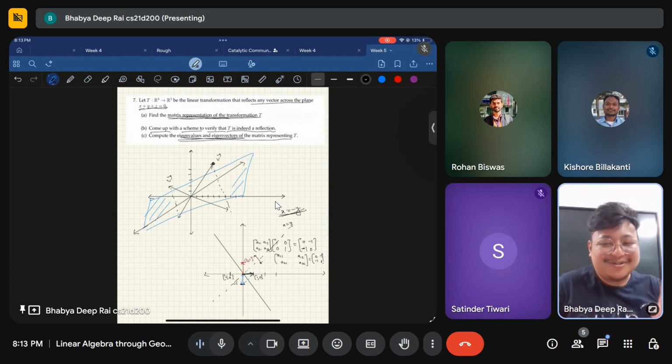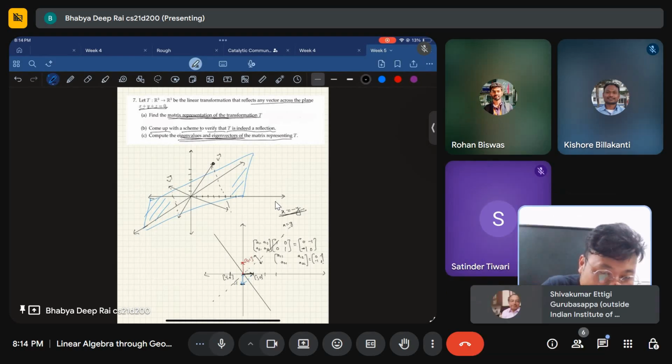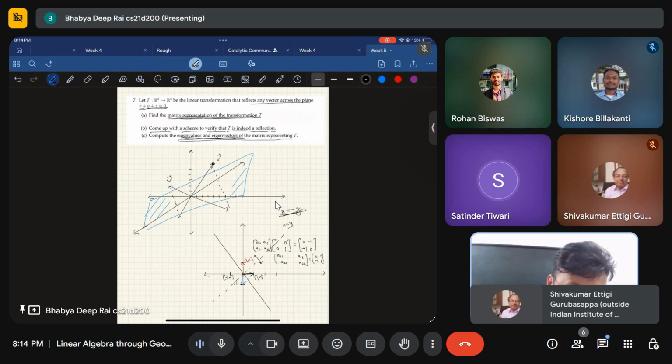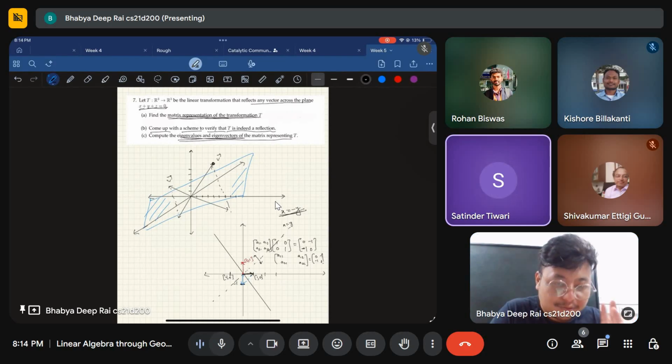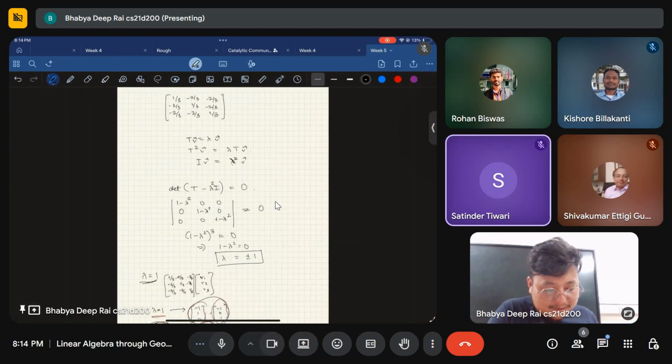Is it okay if I tell you to check out the recording? I just want to see the solution, not a recap. Which part, A, B or C? Just how we got the T transformation matrix.